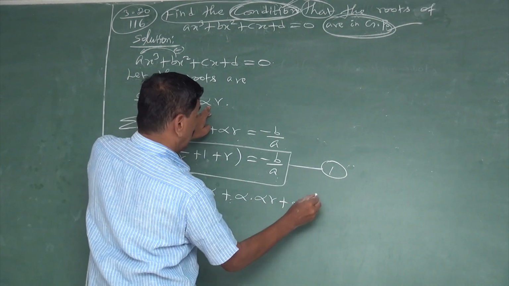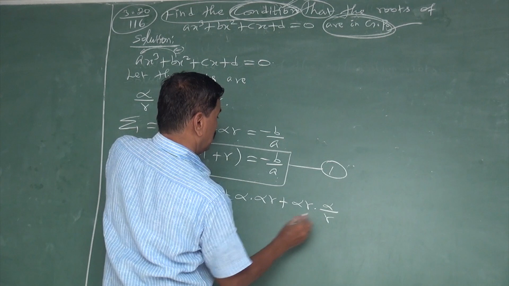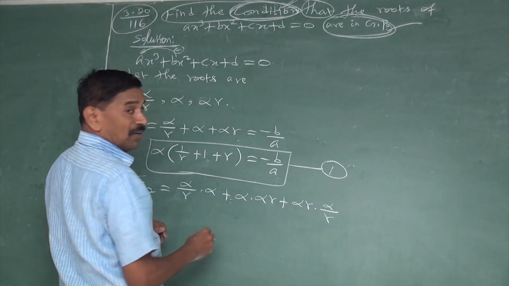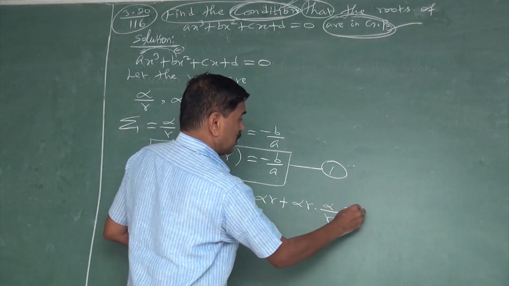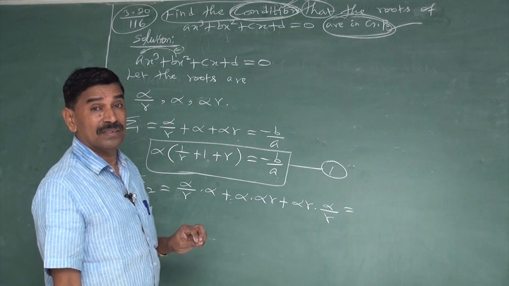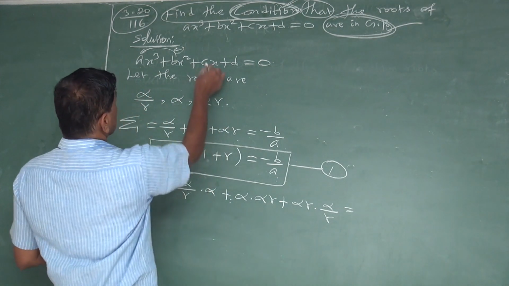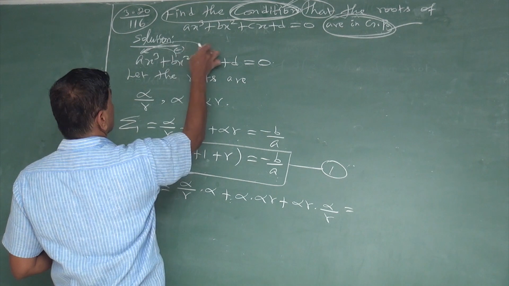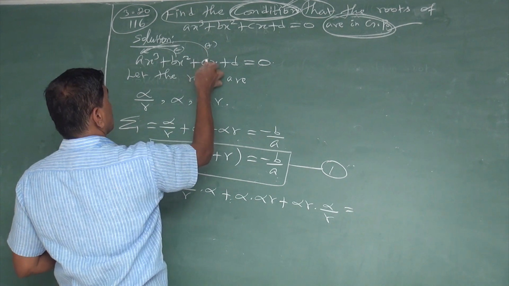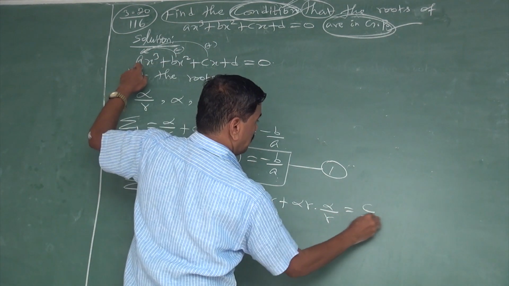Next is simplification please. Which is equal to c by a. Listen, plus, plus, c by a. Yes, correct, very good.